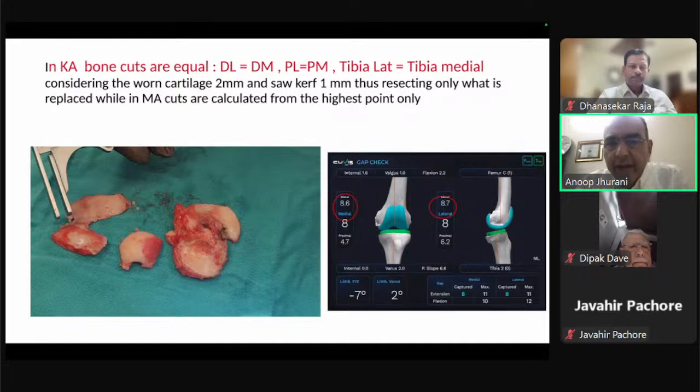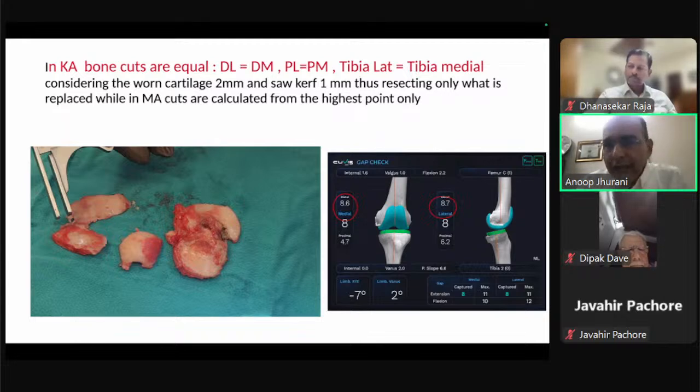As you can see there, the distal medial will be 6 millimeters or should be 6 millimeters. Posterolateral, posteromedial should be equal, 8 millimeters. If there is loss, then posteromedial should be 7 millimeters. And tibia has to be 8 millimeters from the tibial spine. Very simple. And then you will need no ligament release because you have reproduced the varus on the tibia and you have reproduced the perpendicular joint line to the flexion extension axis of the knee.